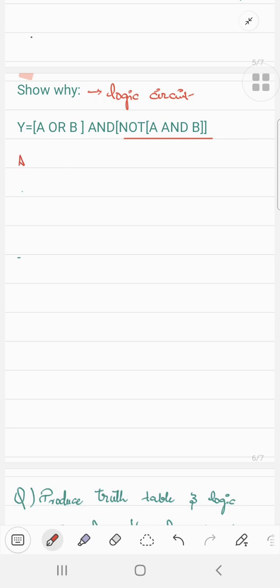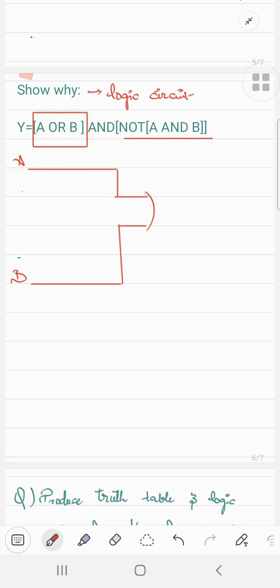Let's begin. We have only two inputs, A and B. We'll first solve this bracket which says A OR B. A OR B means A plus B, which means we will be drawing the logic gate for A and B. Okay, here we are done with the first bracket, that is A OR B is done.